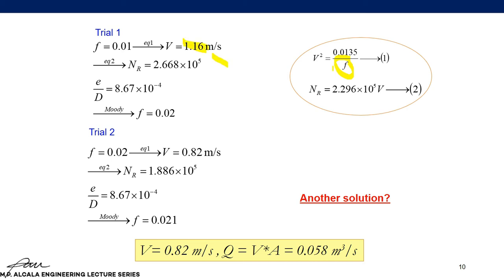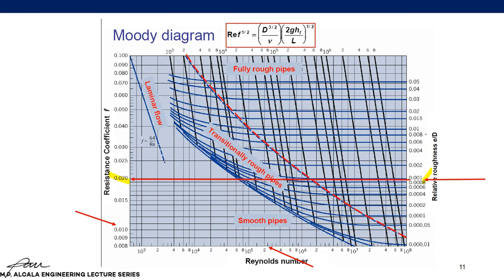And inputting this 1.16 here will give you a Reynolds number of 2.668 times 10 to the 5. Take note of that. So that is about here. Okay? So, take a look. You don't have any values in this intersection, right?